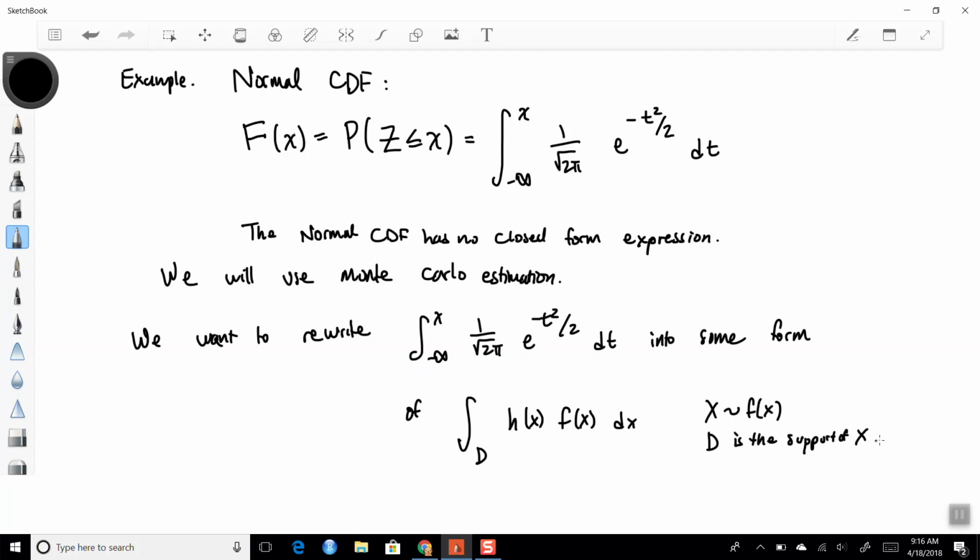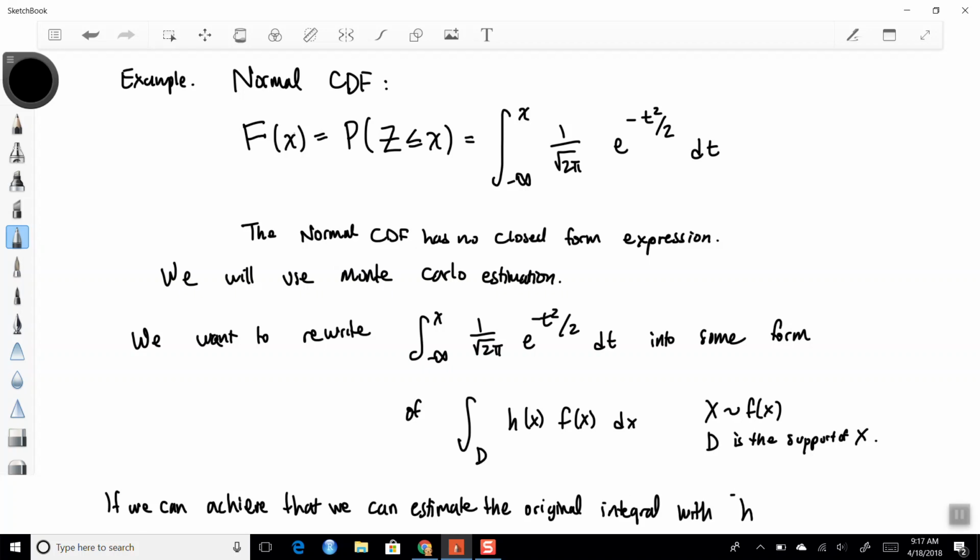So we want to get this thing into this form. If we can achieve that, we can estimate the original integral with our Monte Carlo estimator, h bar sub n.